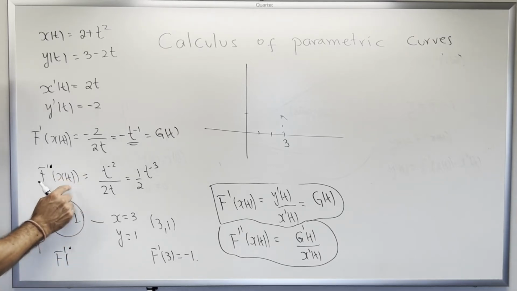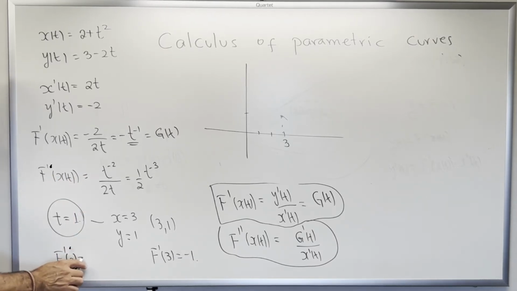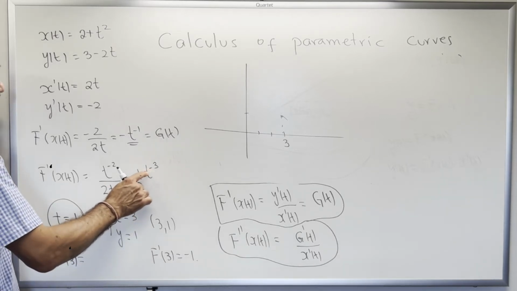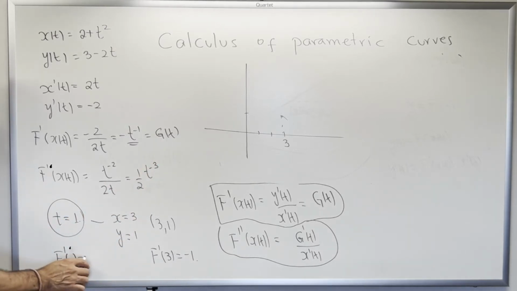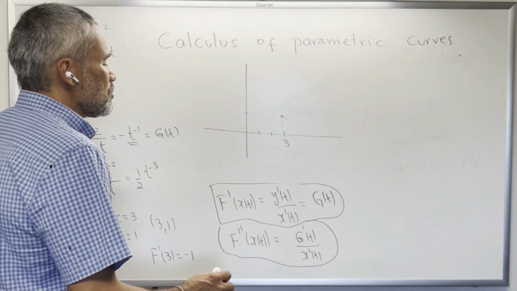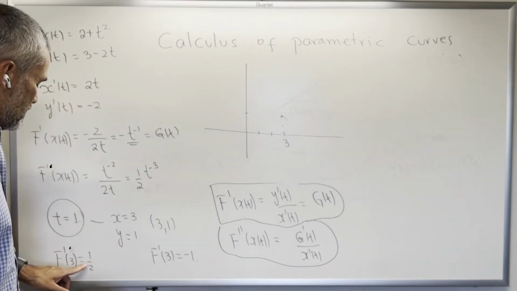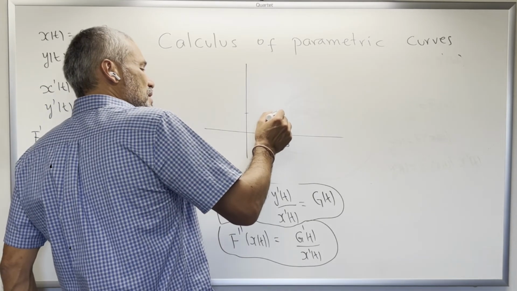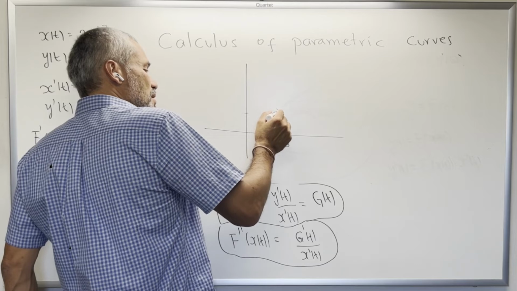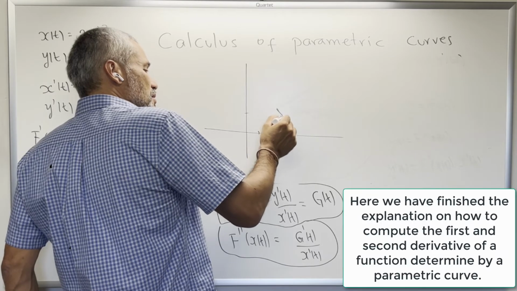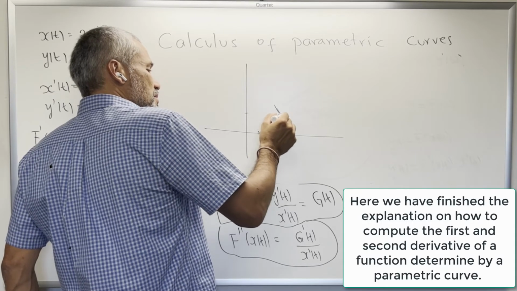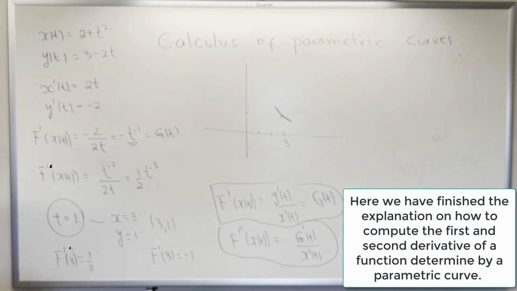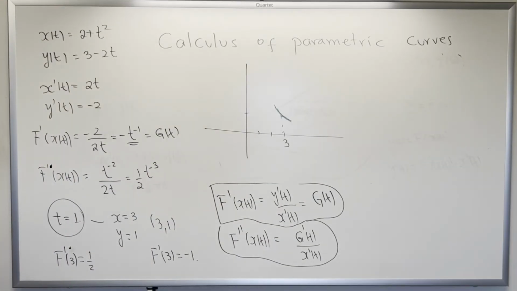At x equal to 3, it would be 1/2 times 1 to the negative 3, which is just 1/2. That means that the function is concave up. Then most likely the graph of the function will be something like this. That's the graph of the function.